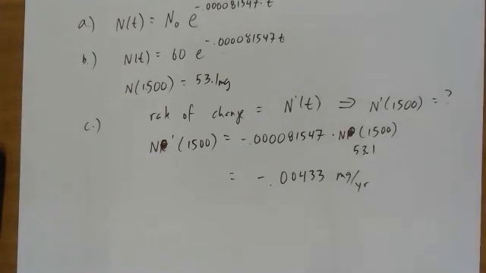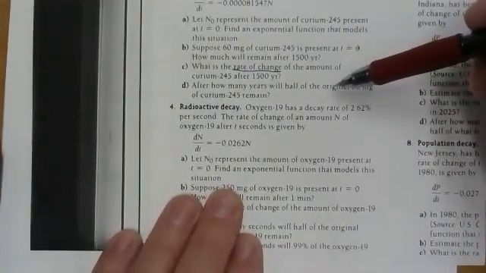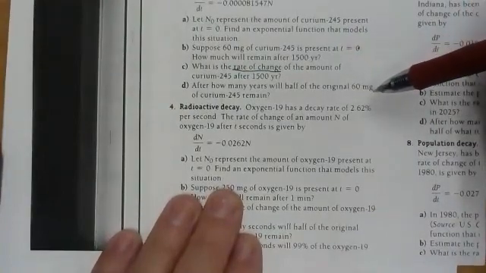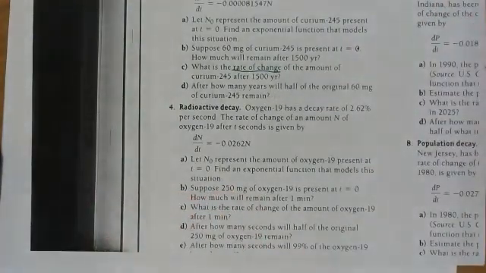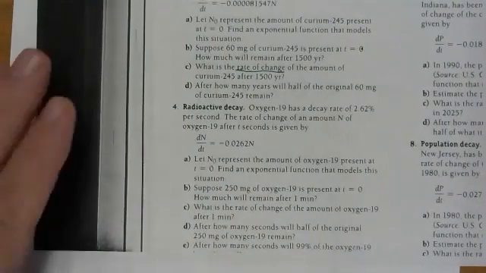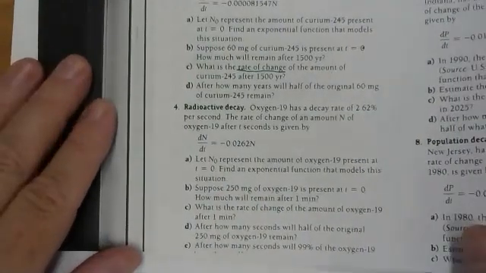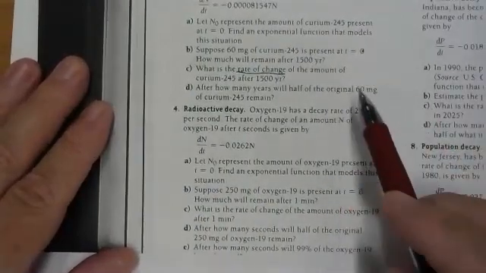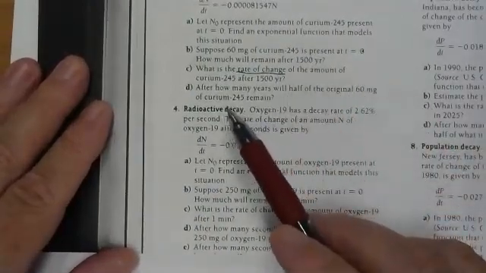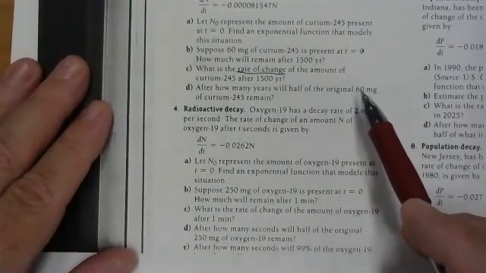But there is a fourth part. After how many years will half the original 60 milligram curium remain? All right. So they're saying, now they're asking for a time. We know there was originally 60 milligrams. They're saying, how long will it take until half of this is gone?